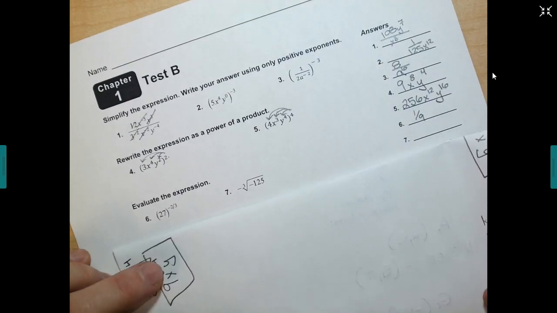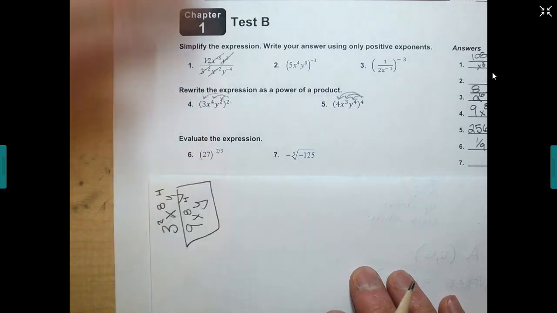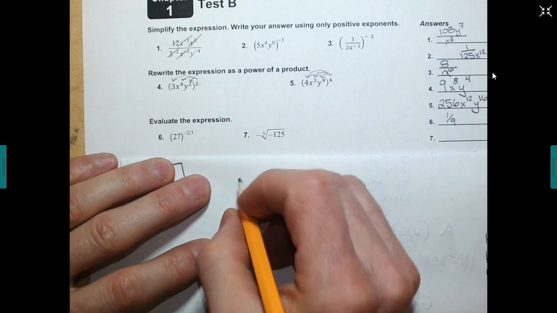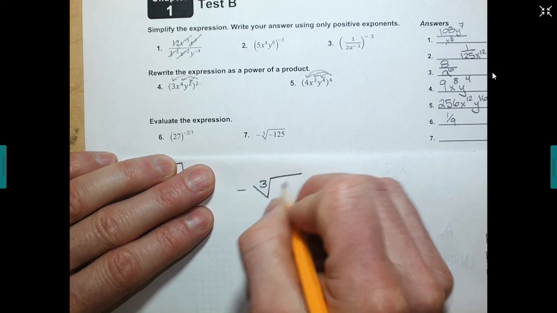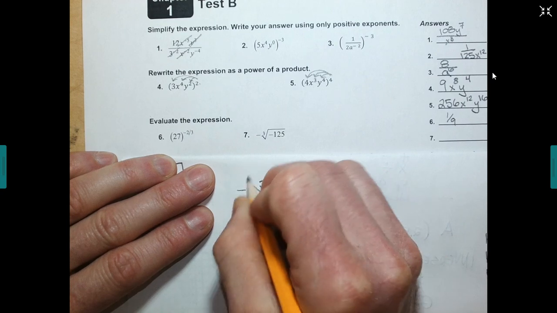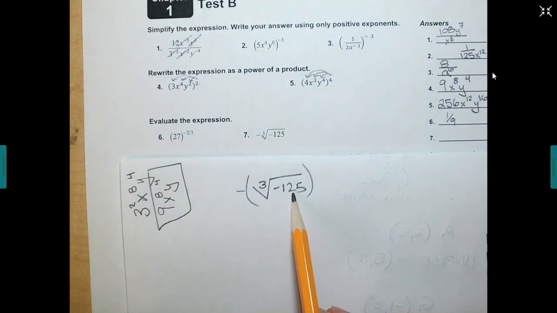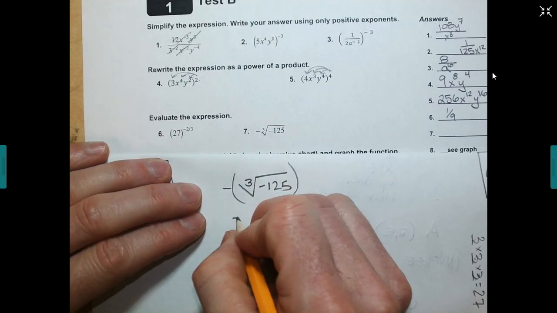Let's go ahead and do number 7. Okay, number 7. So I have a negative on the outside, negative 125. So what times what gets me to 125? I think 5 times 5 times 5, or negative 5, I'm sorry.